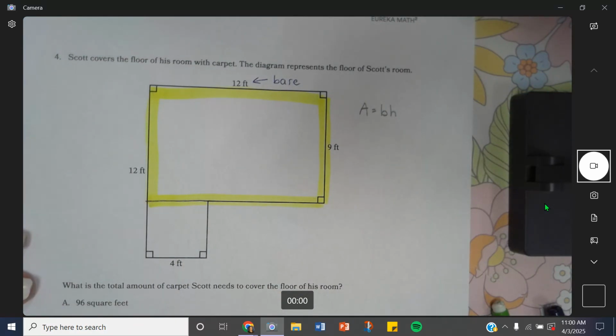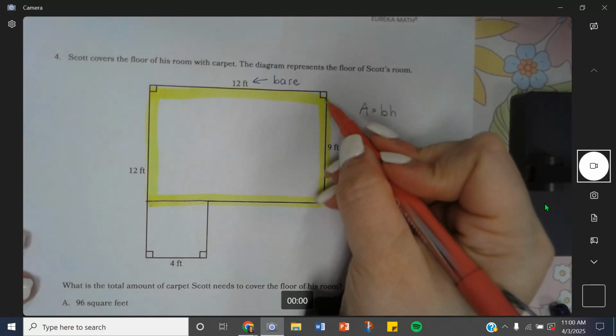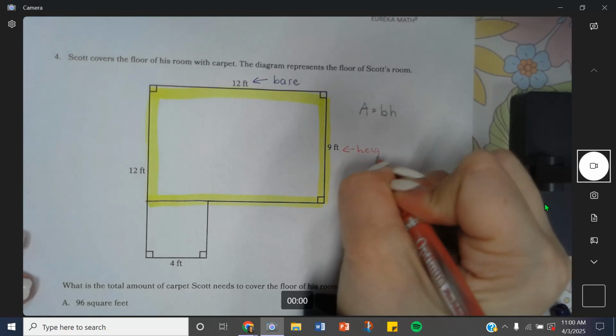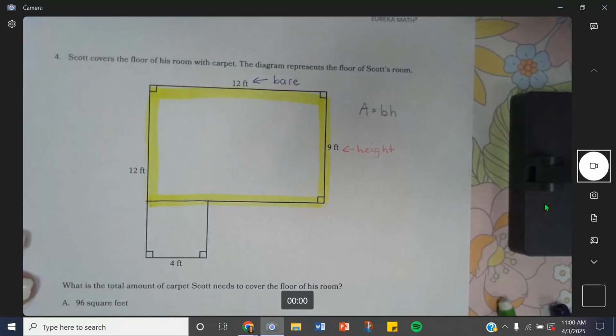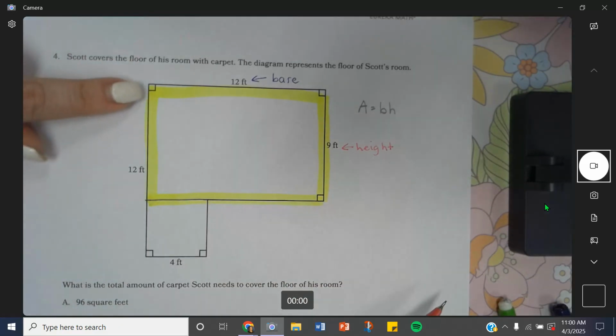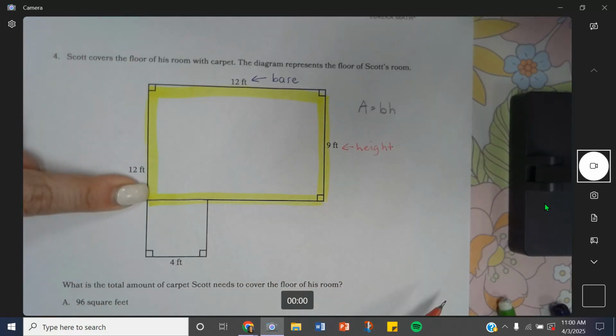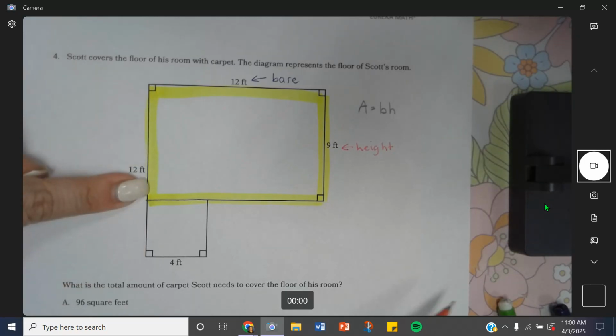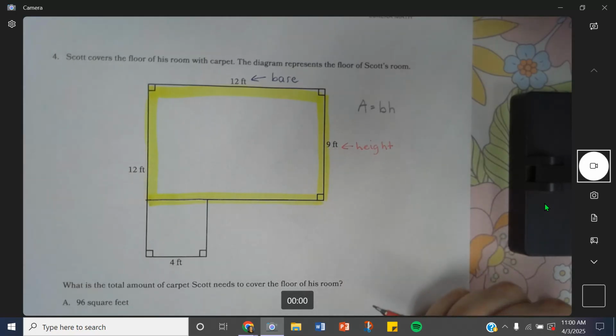And then we're going to say that our height is 9 feet. We don't want to use 12 feet as our height because 12 feet is not just this portion of the rectangle, but it is the entire line. And we only want this part, which is 9 feet.